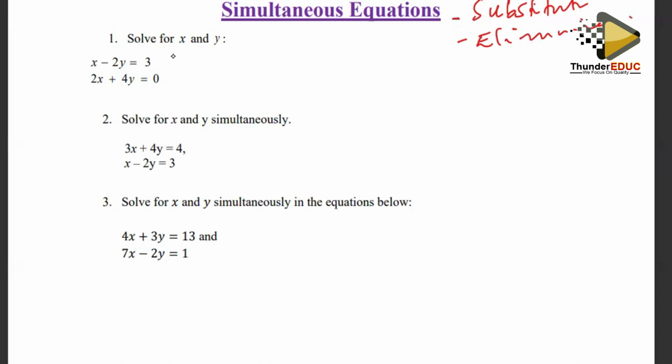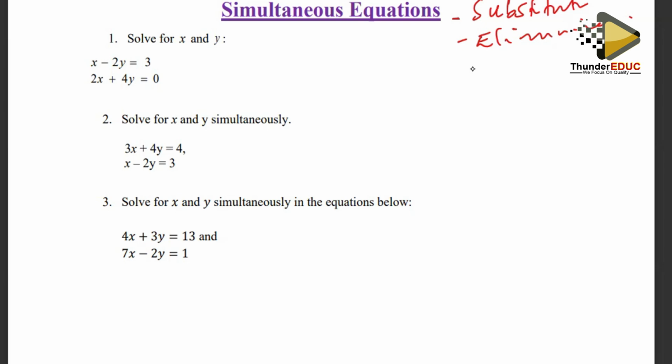So let's see what we're going to be dealing with. I'm going to use just 3 examples to show us how we work around with these simultaneous equations. For one of the questions, I'll probably use both methods, and then you should be able to choose which is work-friendly with you guys.